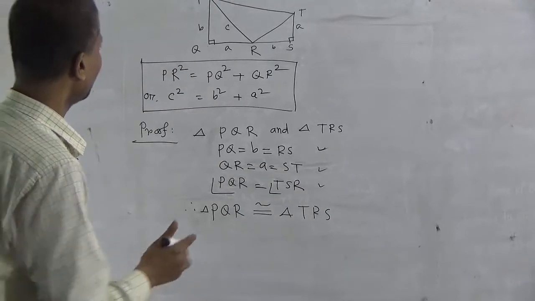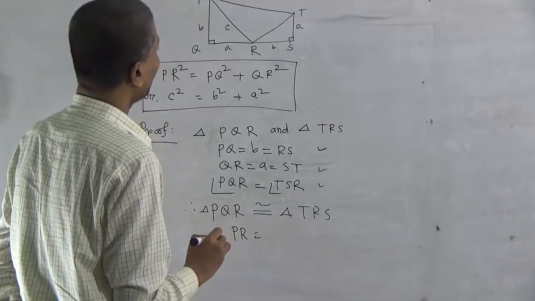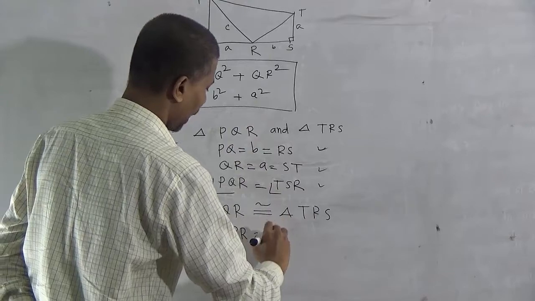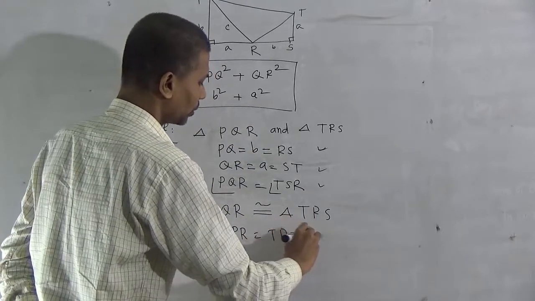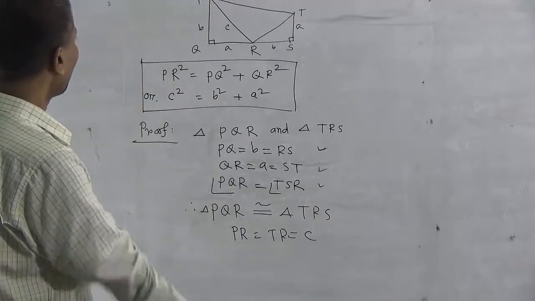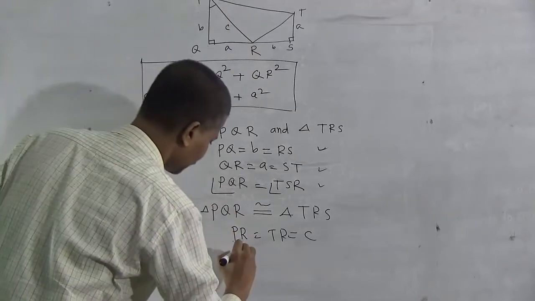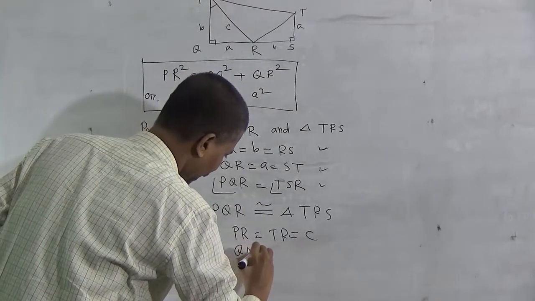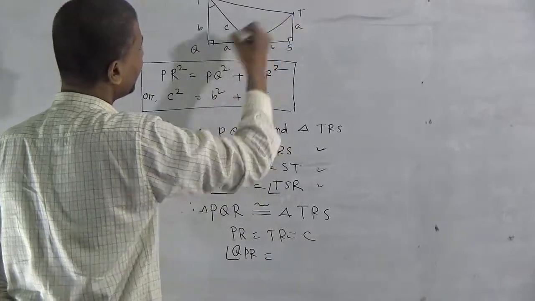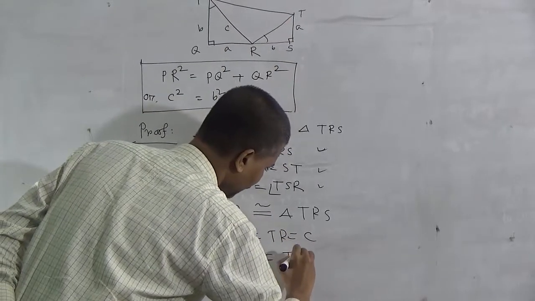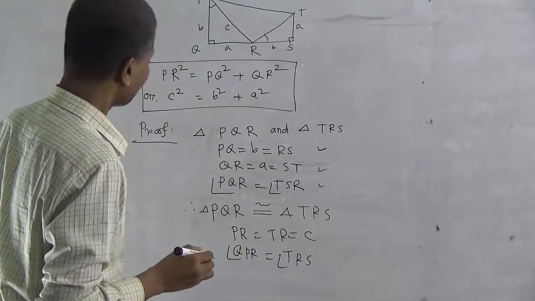That's how we can say PR equal to TR. Okay, this equal to C. Similarly, this angle QPR equal to this angle TRS. Okay.